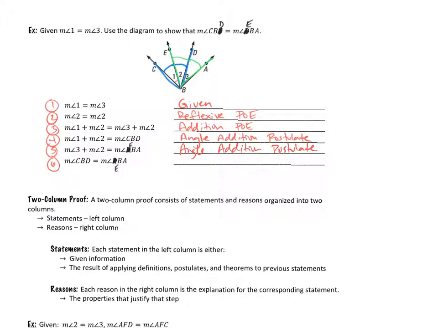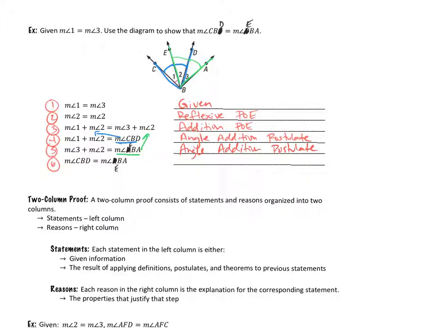And now we have in statement 4 that the measure of angle 1 plus the measure of angle 2 equals the measure of angle CBD. And so that got substituted there in step 3, and the measure of angle 3 plus the measure of angle 2 in step 5 equals the measure of angle EBA, and so that is there.